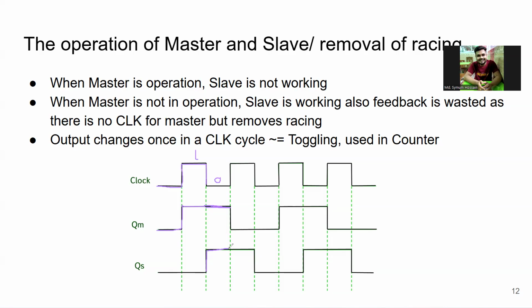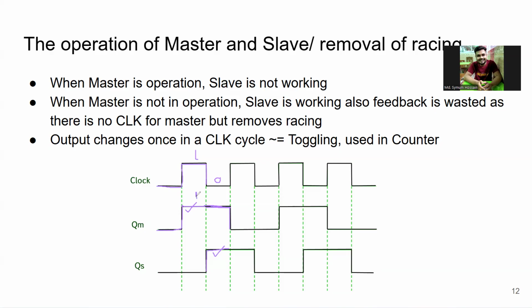What you can see is that this portion is for master and this portion is for slave, and finally you get a toggled value. And again, when master is in operation, like in this time, the master is activated and it will toggle.